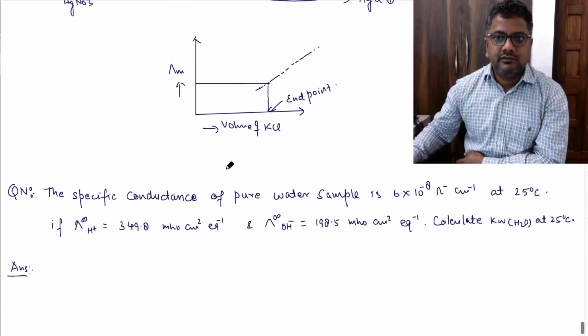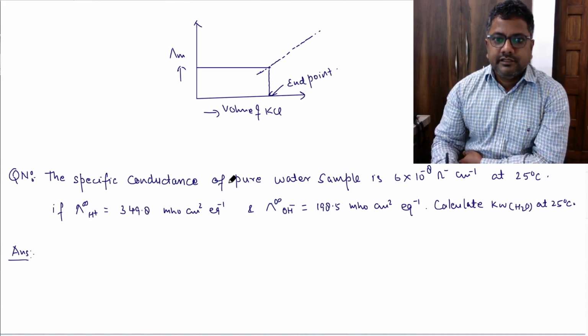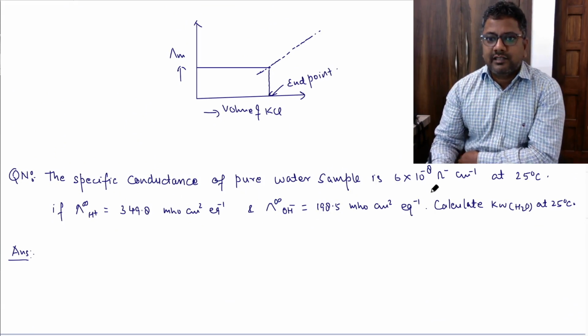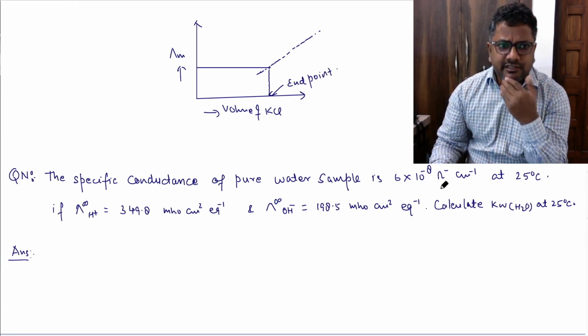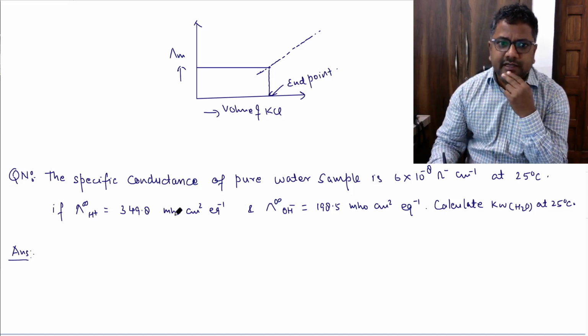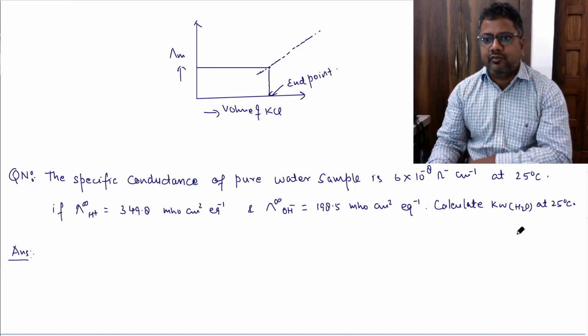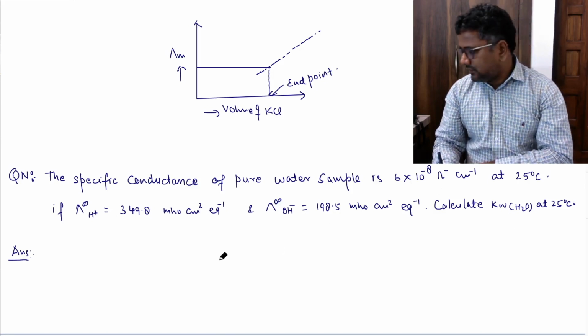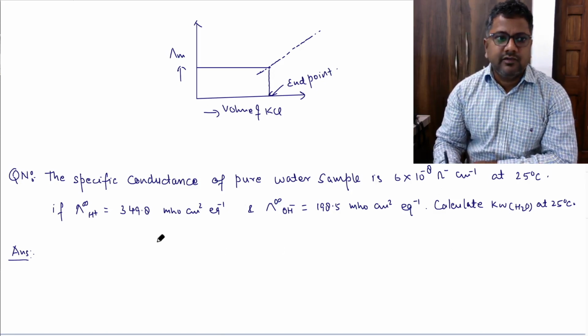So see, the specific conductance of the pure water sample is this, as we have discussed in the previous question also. And here lambda H plus is given, lambda OH minus is given, calculate the Kw. So in a very simple way you can calculate this.